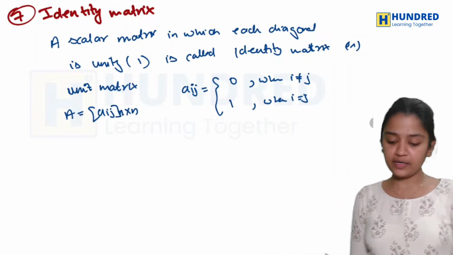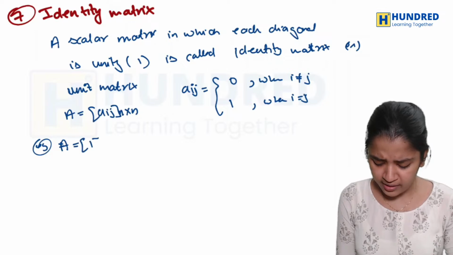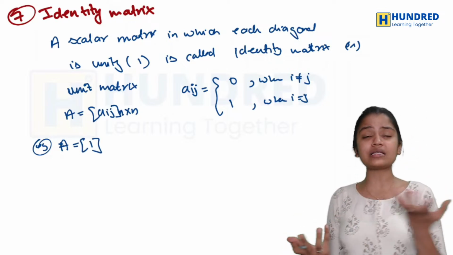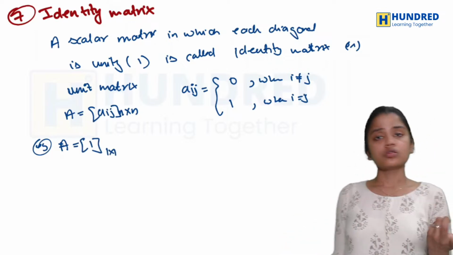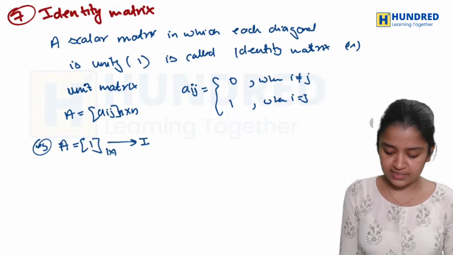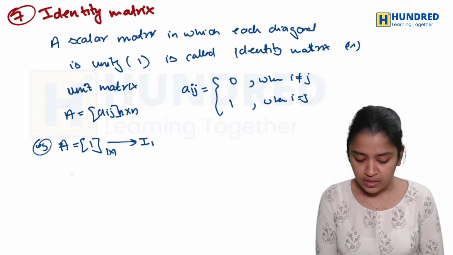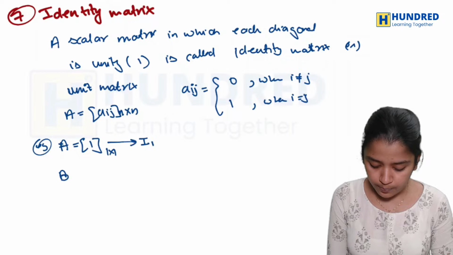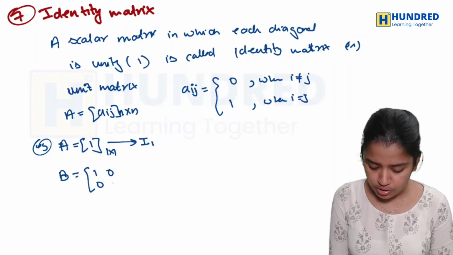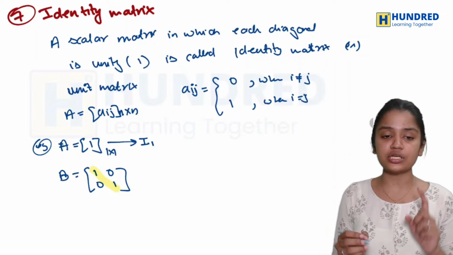Now let me give you an example. If I take A is equal to 1, this is a 1 cross 1 matrix. It is a diagonal matrix, represented as I1, identity element 1. Same way, B is nothing but 1, 0, 0, 1. Look at the diagonal elements: they are just 1.